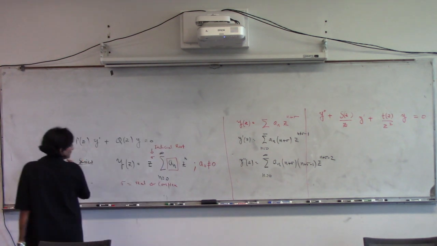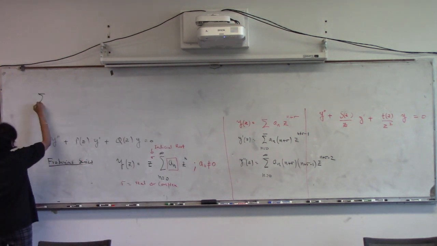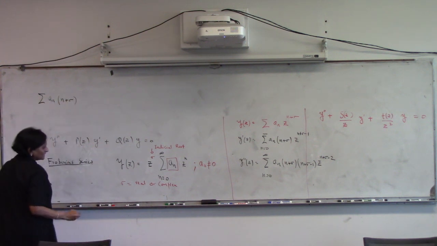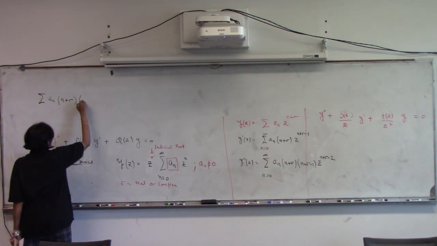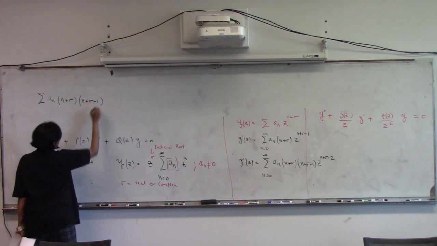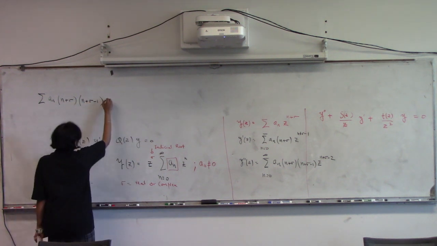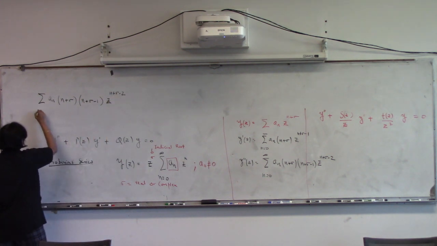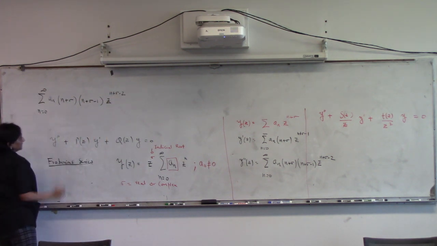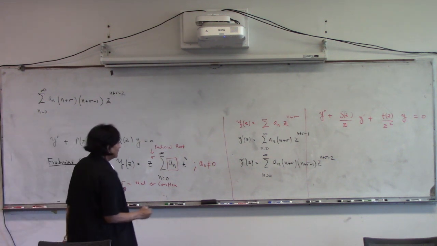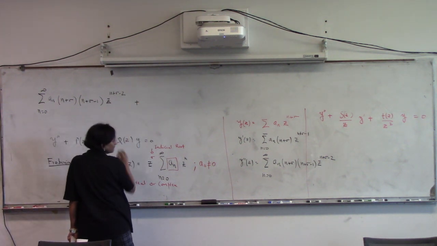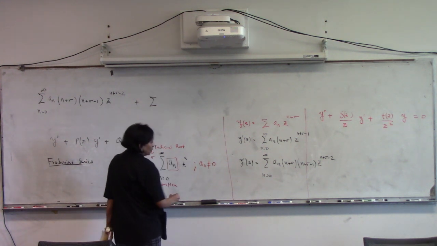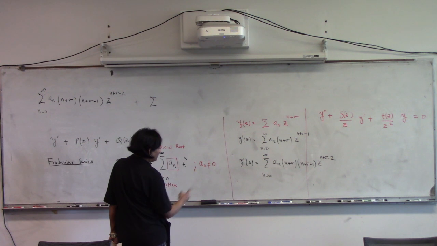So what we have is, the first term will be a sub n times n plus sigma times n plus sigma minus 1, so that is y double prime. And the second term is s of z over z times y prime.